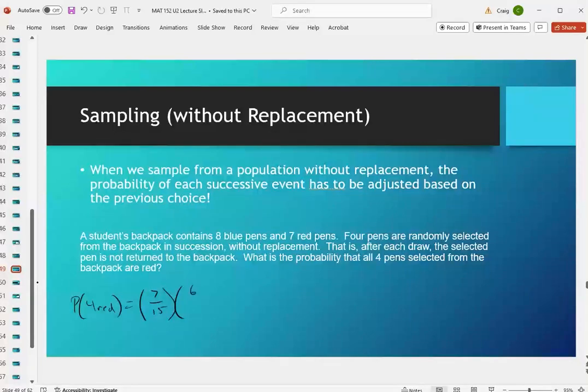Now we only have 6 red pens left and 14 choices. On the next one, we'll only have 5 red pens left with only 13 choices. And then 4 red pens with only 12 choices. We could multiply all of this out. You get 840 over 32,760, which is 0.026.